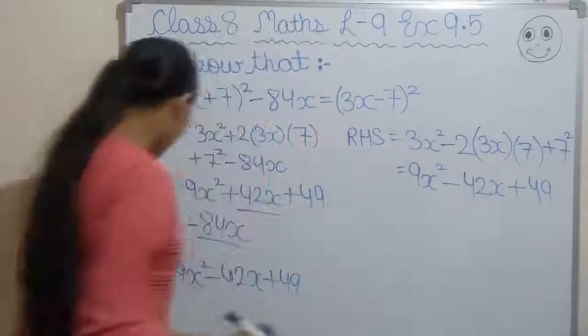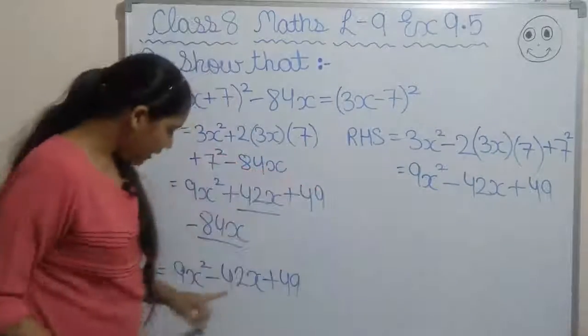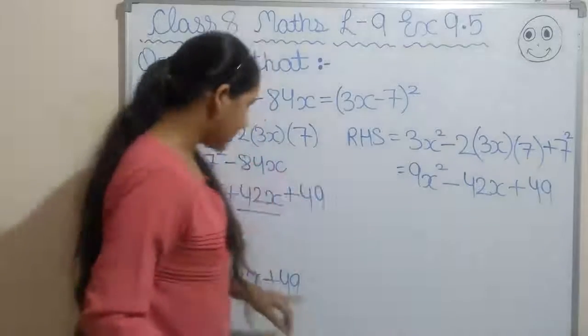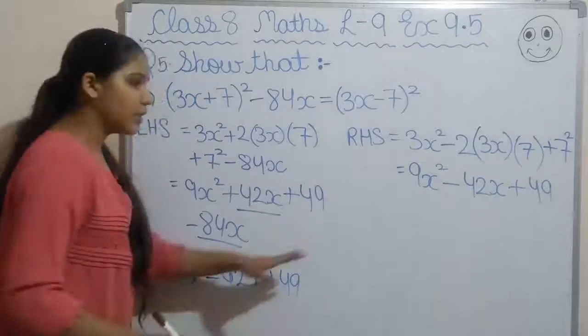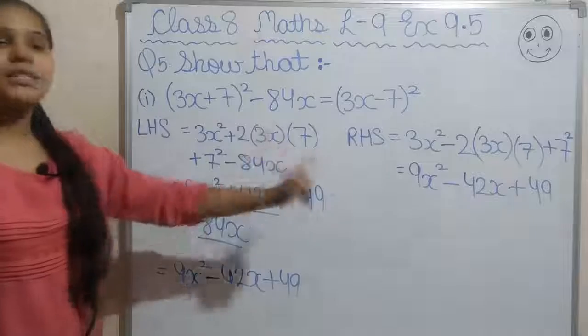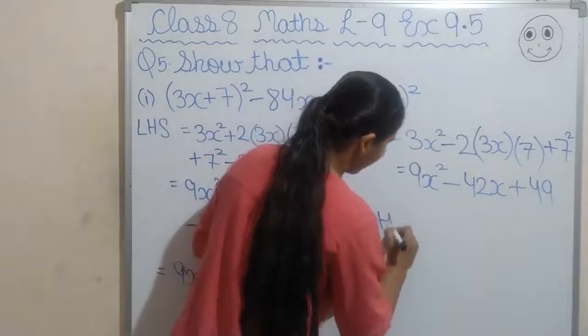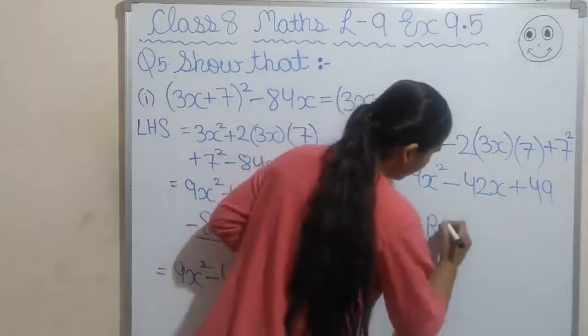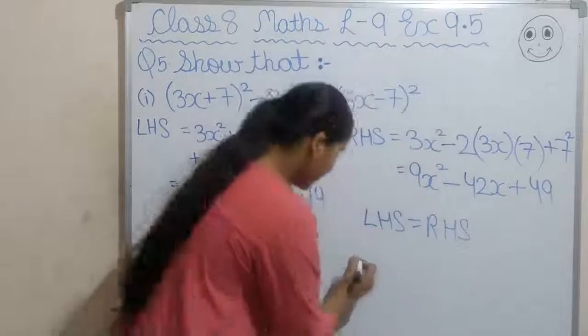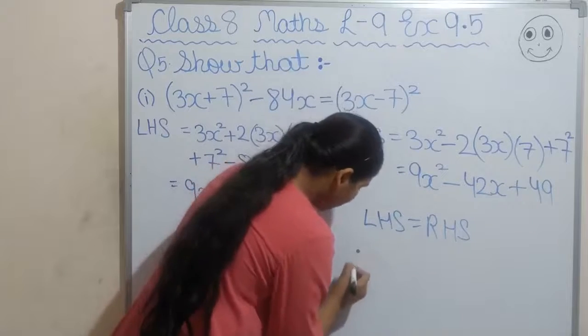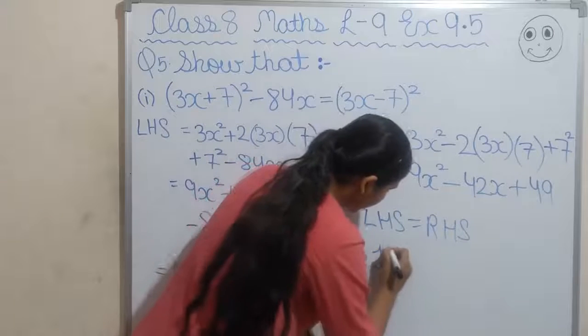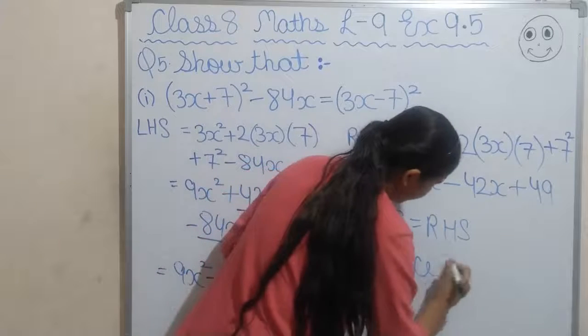Let's match: 9x square minus 42x plus 49. Both answers are the same, so we can write LHS is equal to RHS. Therefore, hence proved.